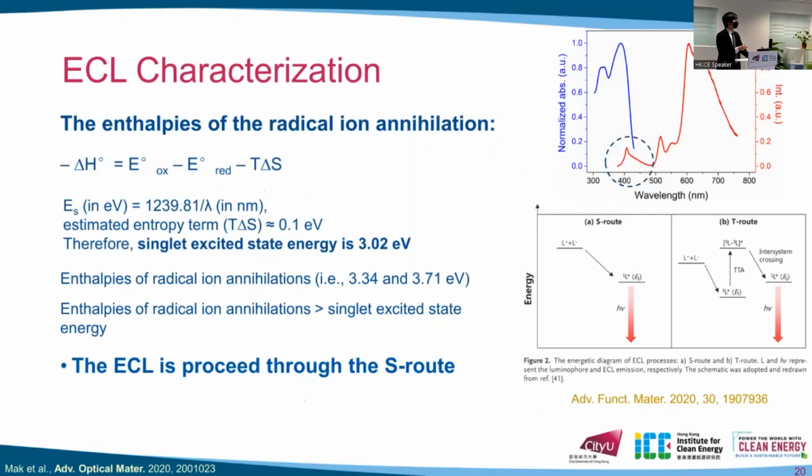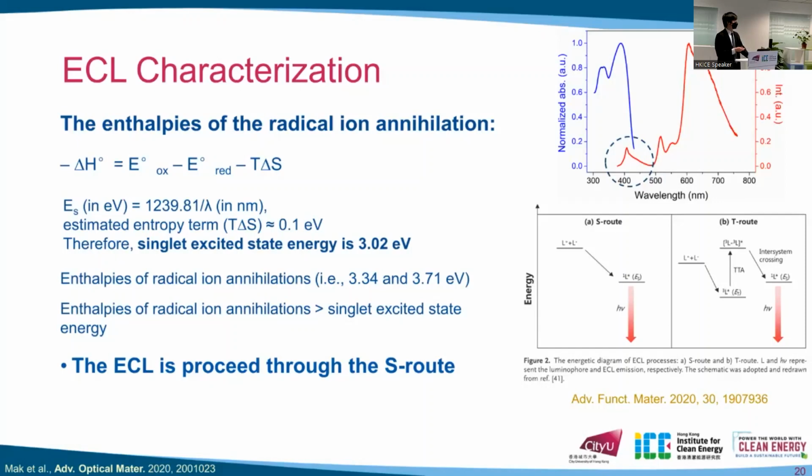To understand whether this ECL system is under energy sufficiency or not, we can compare the energy of the fluorescence with the radical ion annihilation energy. In this analysis, we can simply convert the fluorescent energy into electron volts, and we can obtain the singlet excited state energy.